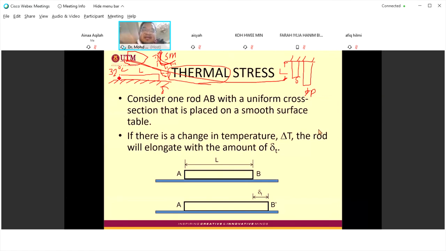Pada suhu sekarang 23, 32 or 28, this is initial length.